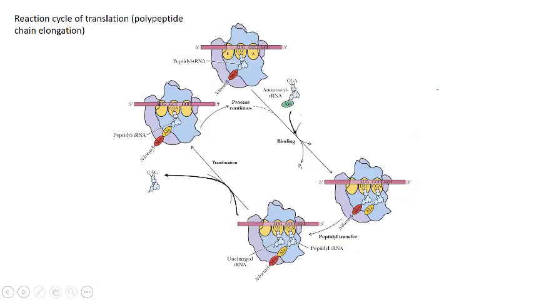Okay, so this is the reaction cycle of translation. This is the most important thing for you to know about translation. But luckily, it's fairly simple and straightforward if you remember the initiation part. So what do we have? This is the complex at the top that we started with at the end of the last page. We have the methionine tRNA bound at the P site right after the IF proteins leave.